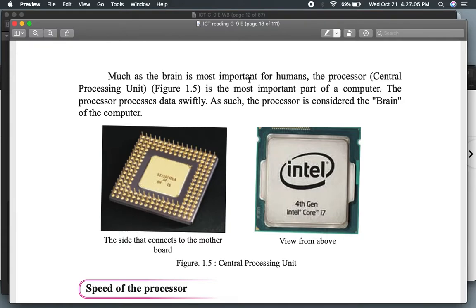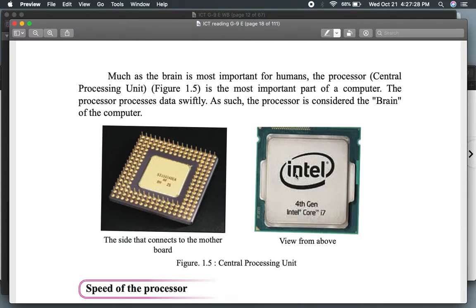As such, the processor is considered the brain of the computer. So, the two images given below show the side that connects to the motherboard. This is the bottom part, and the view from above.